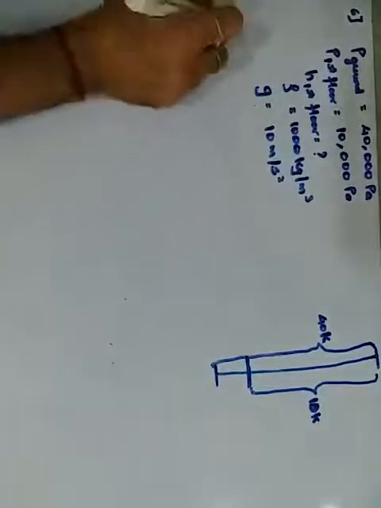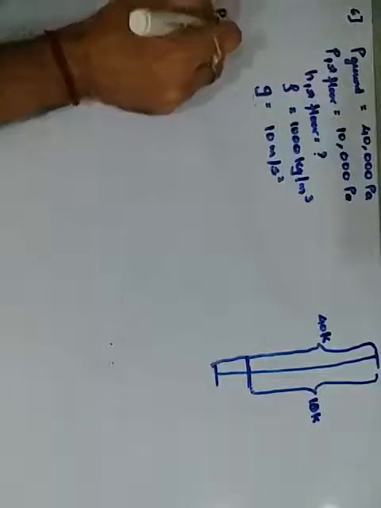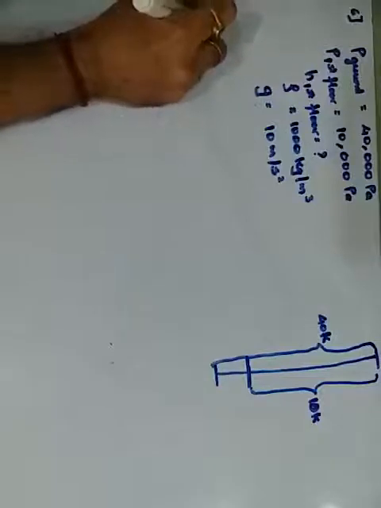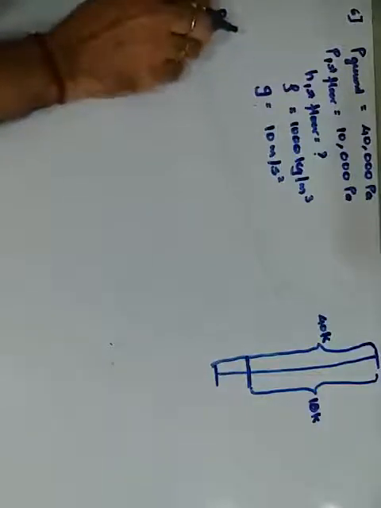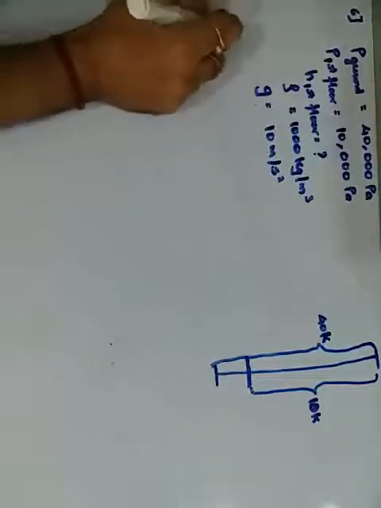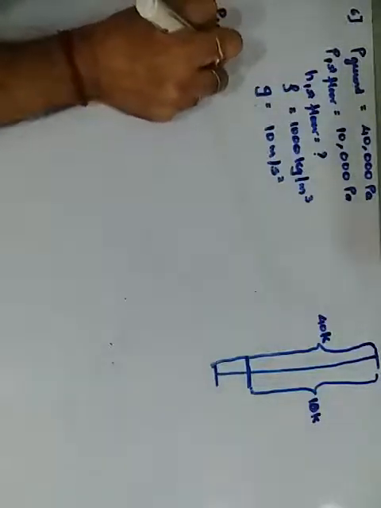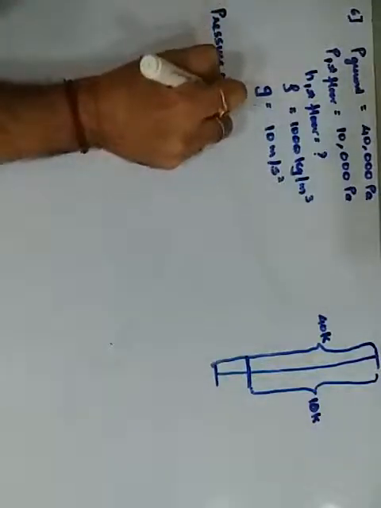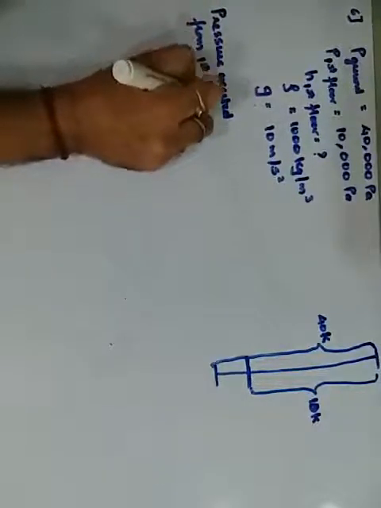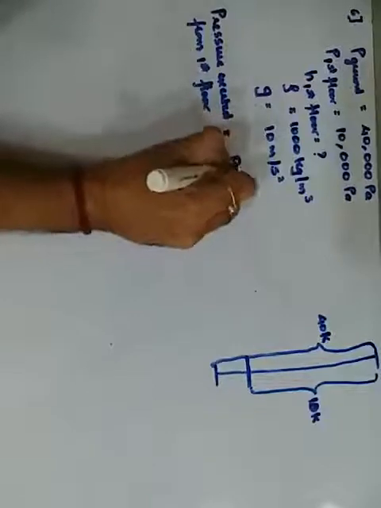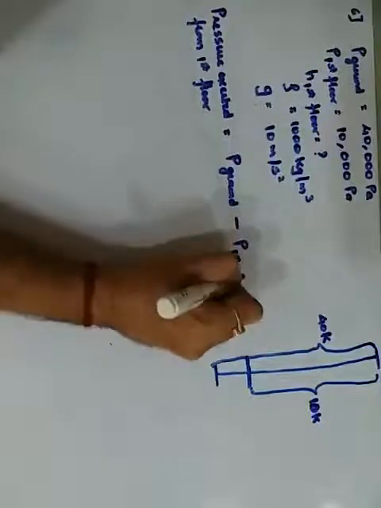Okay, so what I do is, the pressure exerted from the first floor will equal the full pressure till the ground minus the pressure up to the first floor.